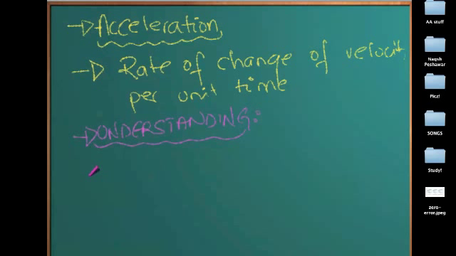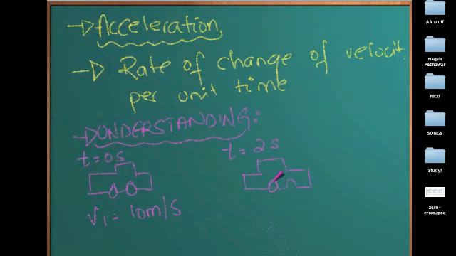For example, this car. This car is moving at a velocity initially 10 meters per second, at time t is equals to 0 seconds. At time t is equals to 2 seconds, the car is moving at a velocity 2, which is 15 meters per second.